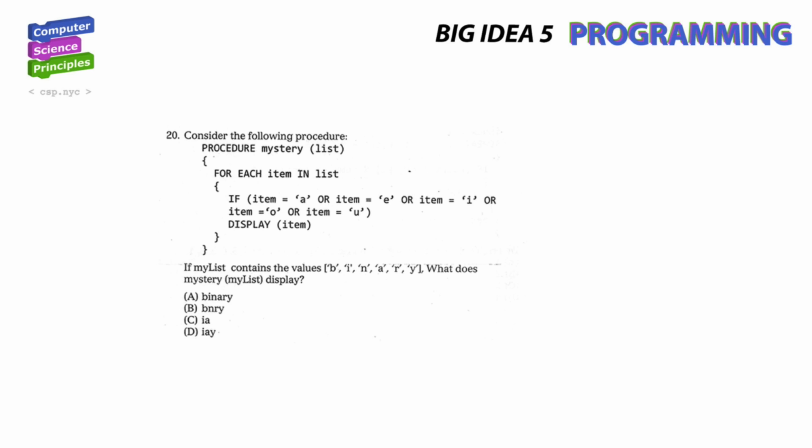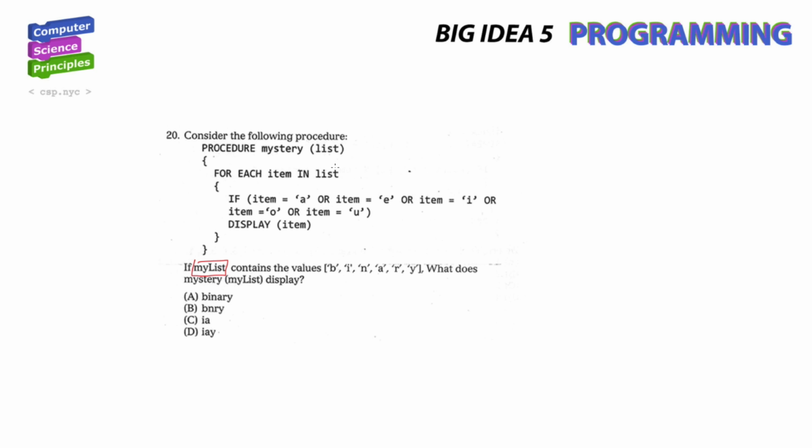Okay, 20. Here we're given a procedure, and this procedure deals with a list, and mylist is its name, and mylist contains the letters of the word binary. And it says, what does mystery mylist display?